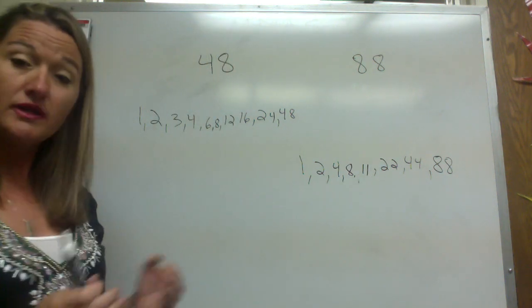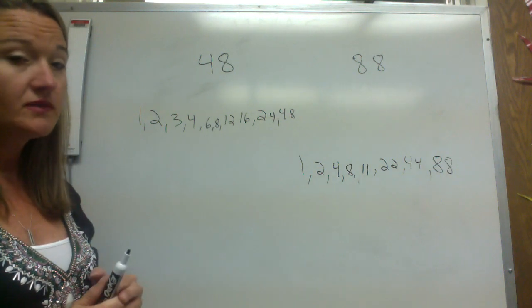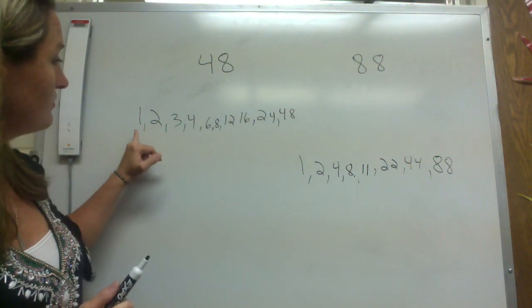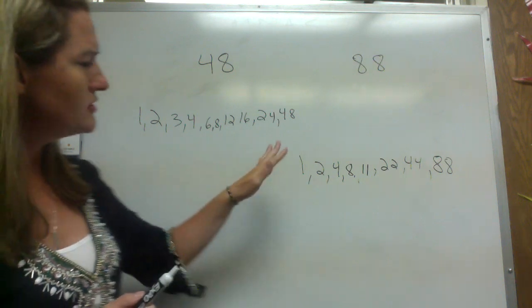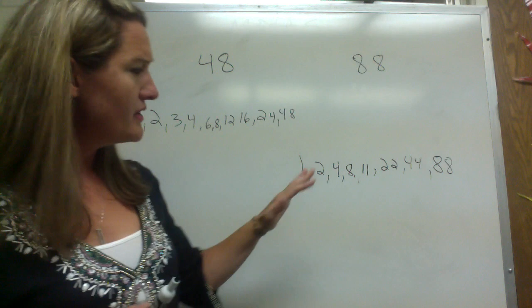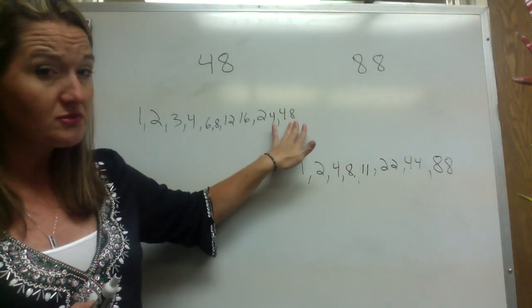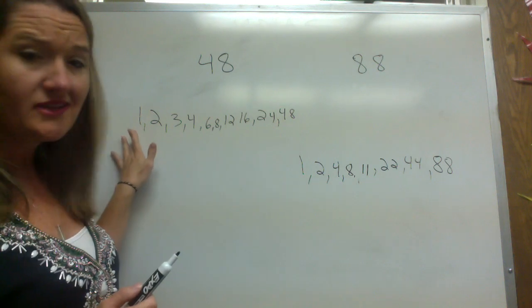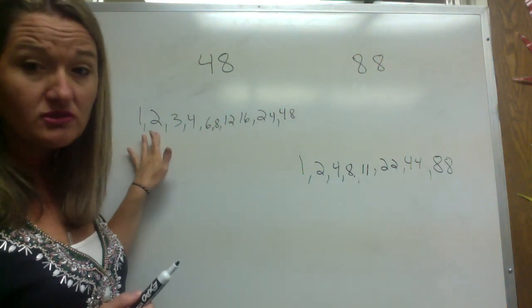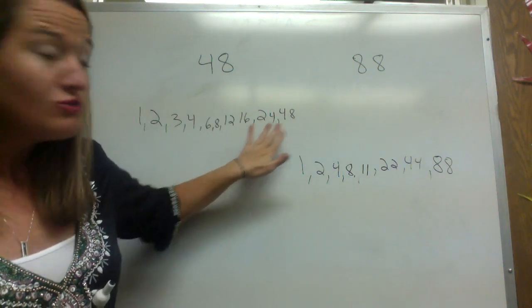So now we've listed all the factors. We need to find the greatest common factor. You know what? When you do greatest common factor, the best way to do this, and I did it kind of backwards last time, is to start with the bigger numbers. Yeah, they have 1 in common, but that's not the greatest. 2 they have in common, but still not the greatest. If we go this way, we know there's no bigger numbers.